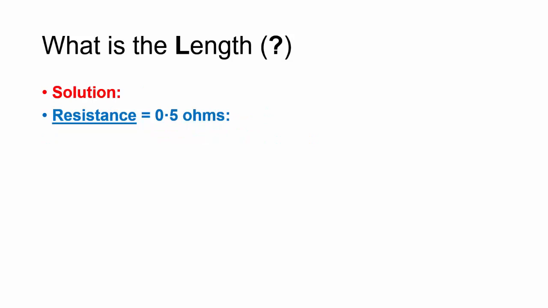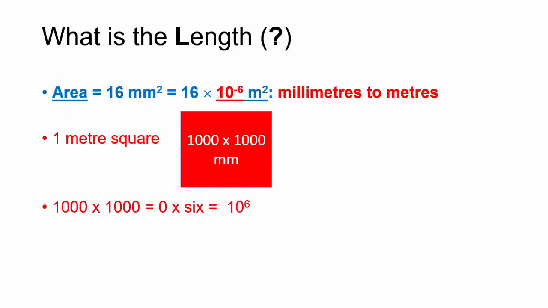So the solution: resistance is 0.5 ohms, and then the area. The area is 16mm squared. So we write that down as 16 times 10 to the minus 6 meters squared. The formula calls for the cross-sectional area to be in meters.